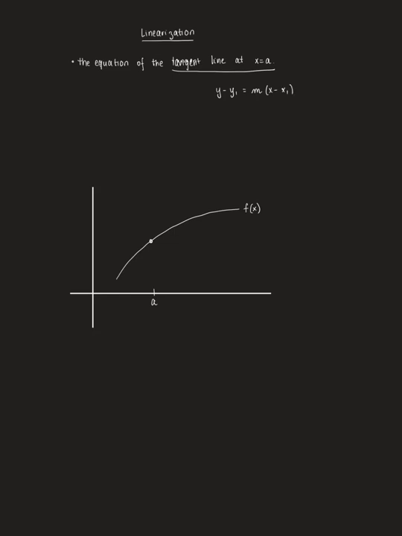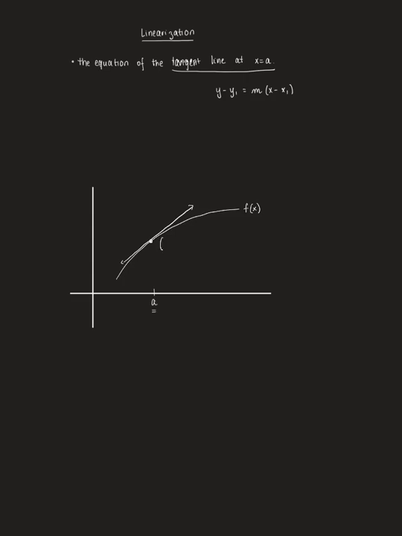We're going to rewrite this slightly and call it the linear approximation, but it's exactly the same thing. All that we're doing is coming up with the equation of the tangent line at some point a. And we're going to then use it to make approximations, because the tangent line is the best approximation to the function around this point a.